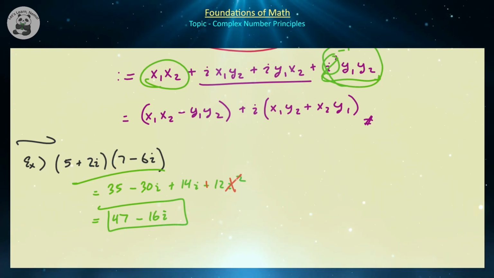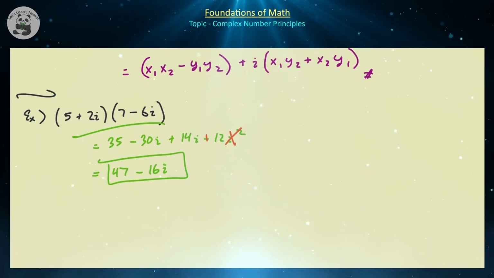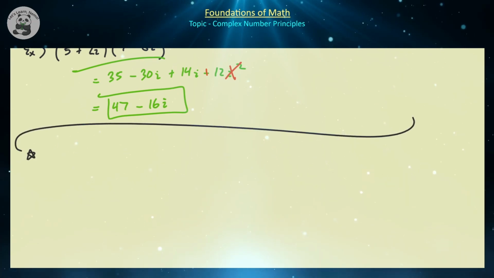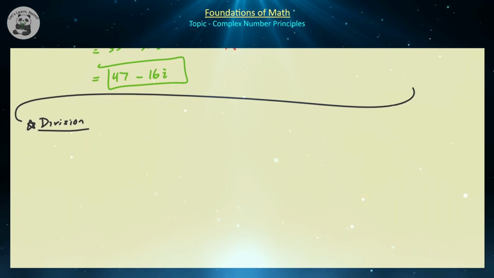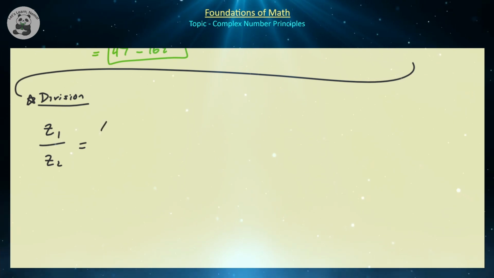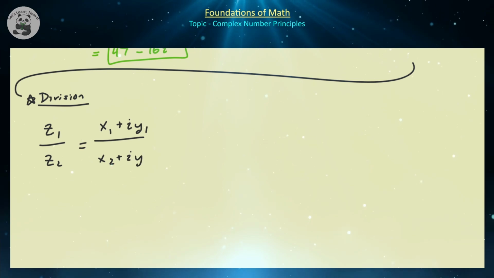So multiplication isn't that difficult, so let's take a look and see how we would define division on complex numbers. So this is actually a little bit more fun. So this is going to be z1 divided by z2, which is, in its inherent form, x1 plus i y1 over x2 plus i y2.